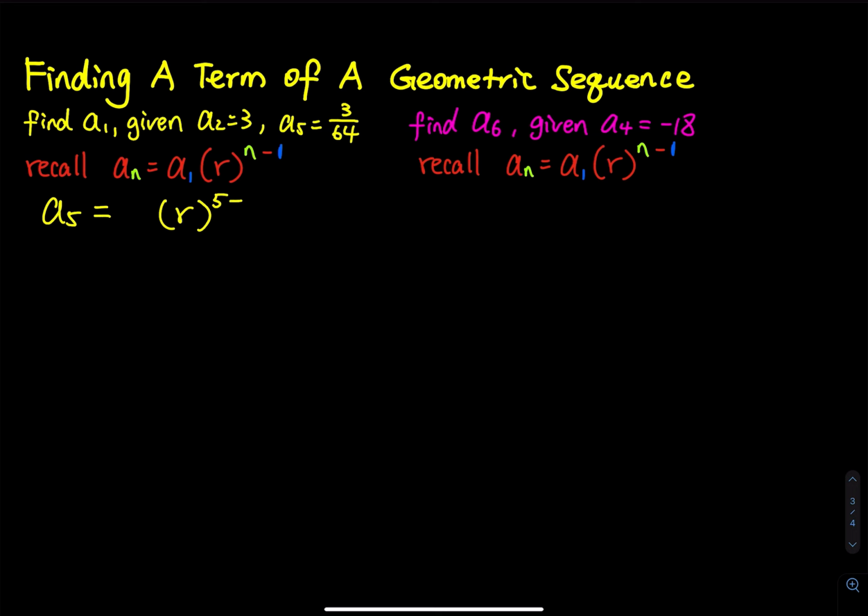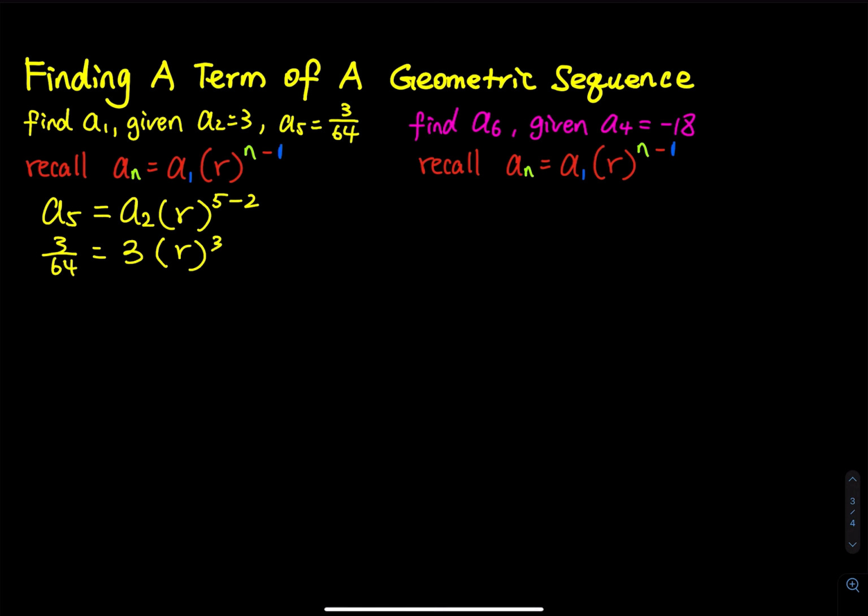So instead of a_1, do you see that I put the 1 in blue? This is going to be a_2, and then r raised to 5 minus 2. So a_5 is 3 over 64, which equals a_2, which is 3, times the common ratio, which we don't know yet, raised to 5 minus 2, which is 3, so we can totally solve for r.